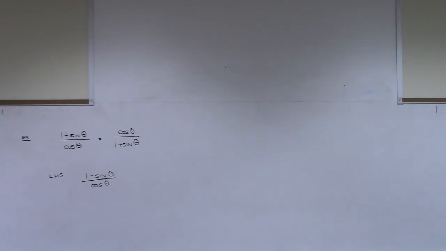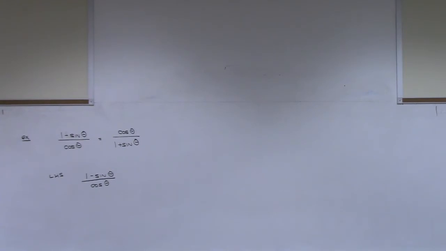Look at the right-hand side again. You said the cosine was missing, and I said I'd multiply top and bottom by cosine. That would take care of that. But what about the denominator on the right side, 1 plus sine theta? Could we make that appear? What would we have to do on the left-hand side to get a 1 plus sine theta on the bottom? Just force it.